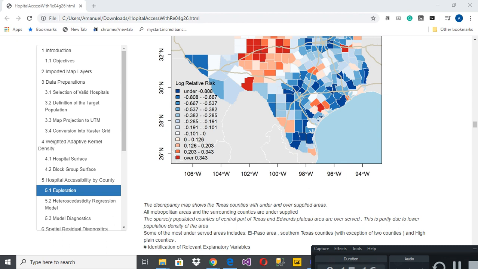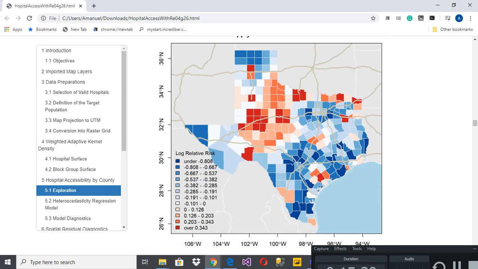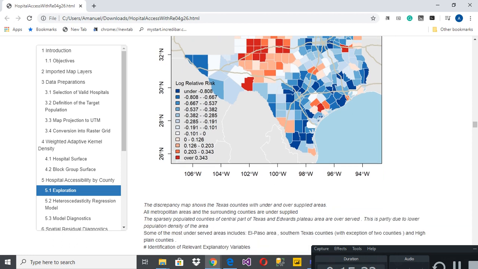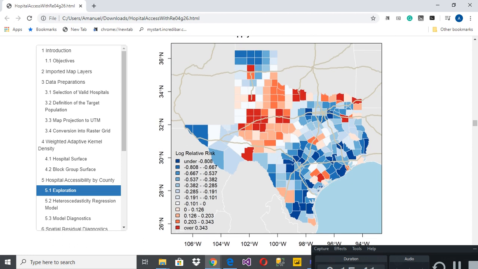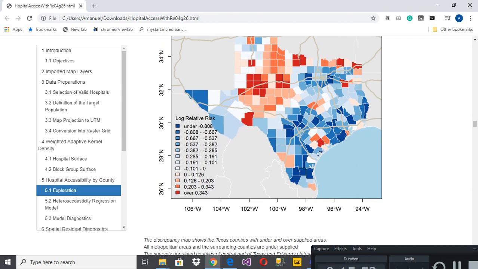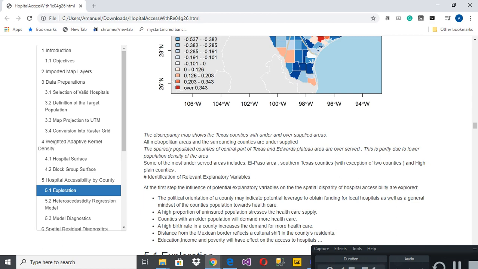Some of the most underserved areas include El Paso here, southern Texas counties with the exception of these counties, and the sparsely populated counties of the central part of Texas and Edwards Plateau around here are found to have higher access, and around these counties also have over access to hospitals.